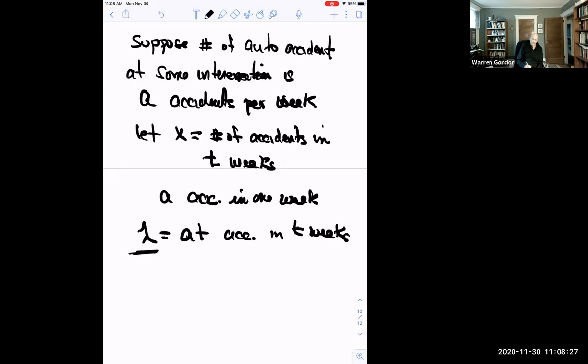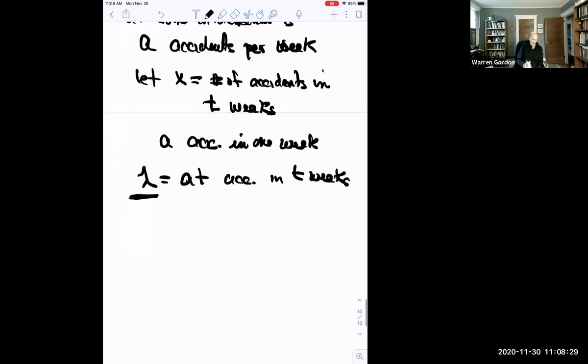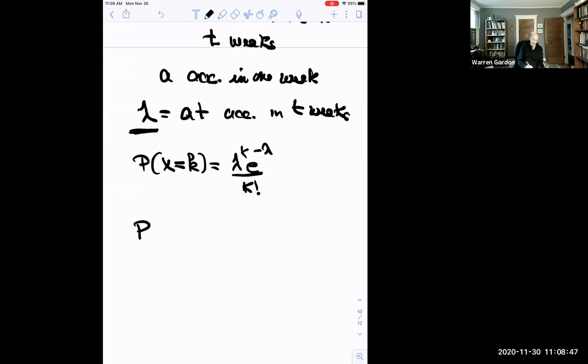So here's our Poisson constant. So the probability that I get exactly K accidents in T weeks would equal lambda to the K, e to the minus lambda over K factorial. But notice in this case, lambda is equal to A, I called it A rather, AT.